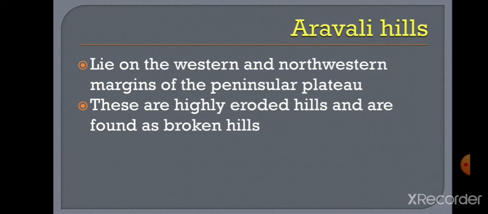The Aravali Hills are one of the oldest hills in the whole world. As so many years have gone by, these hills have seen rainfall, winds, and so many things, and due to that, the hills got eroded.